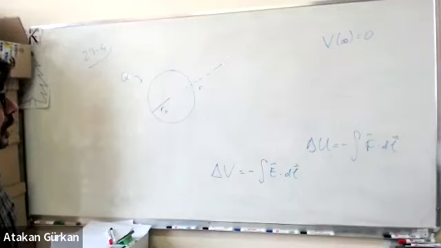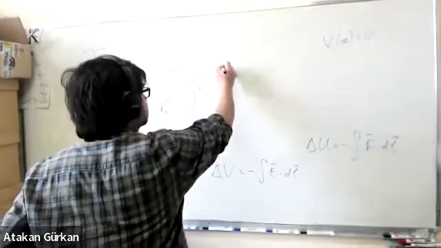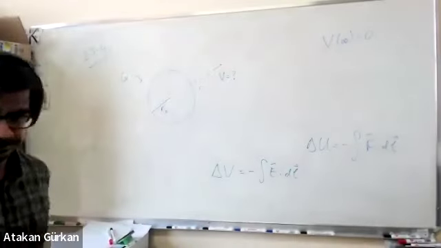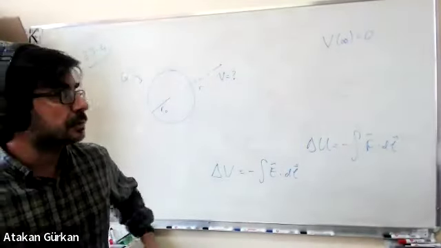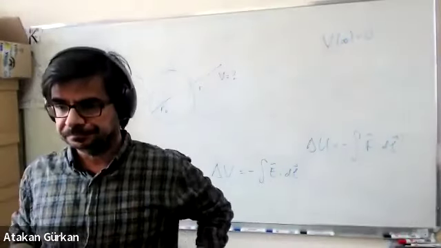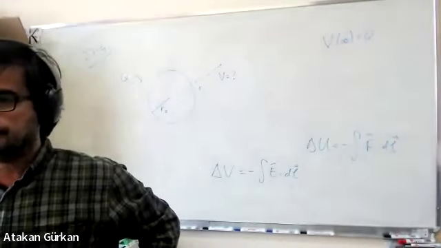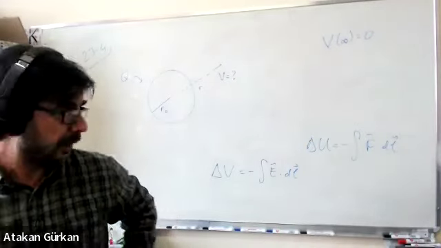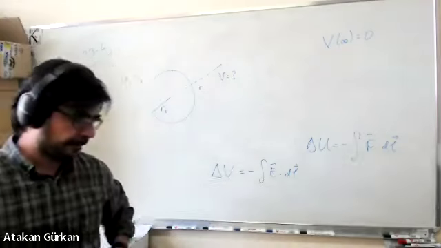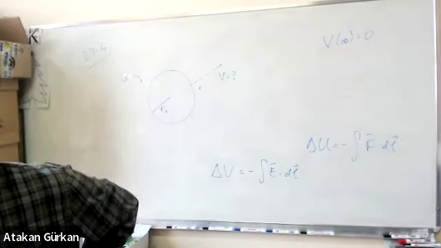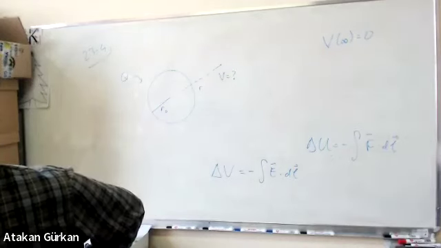All right, so how would you calculate the potential at this point? How do you approach this? This is kind of also a clue, like a tip. So how would you approach this problem? Where would you start? And we're going to use this. To use that, you need to know the electric field.